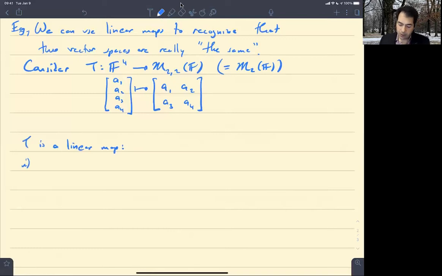So to check additivity, we need to find what is T of the sum of two vectors. So let's say the first vector has entries A1, A2, A3, A4, and the second vector has entries B1, B2, B3, B4.